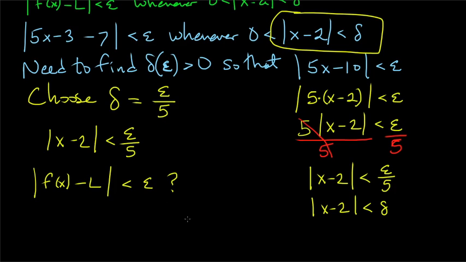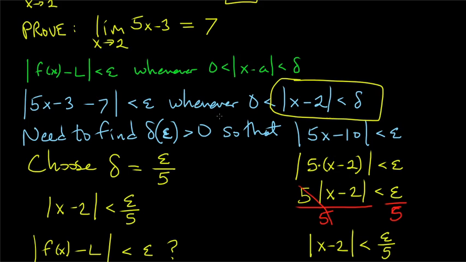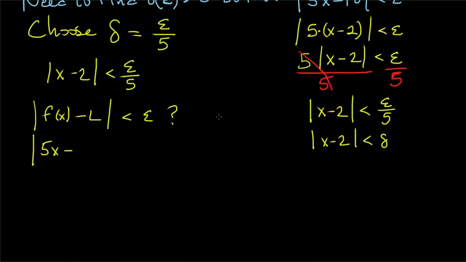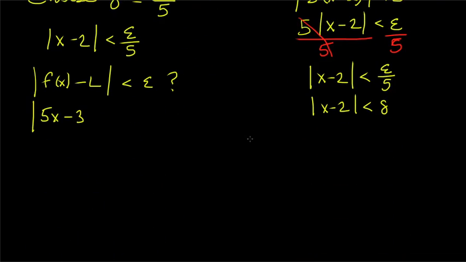That's what we need to show. Well, again, we know what f of x is, 5x minus 3, sorry, I almost forgot. And we know what L is. We calculated the limit. It's just 7. So is that less than epsilon?